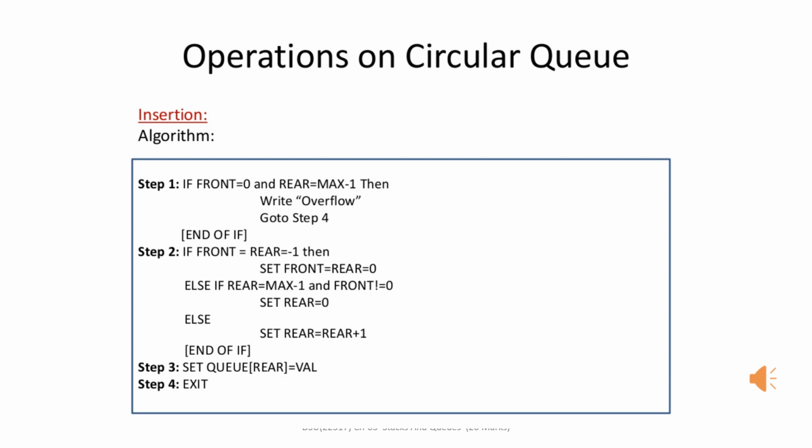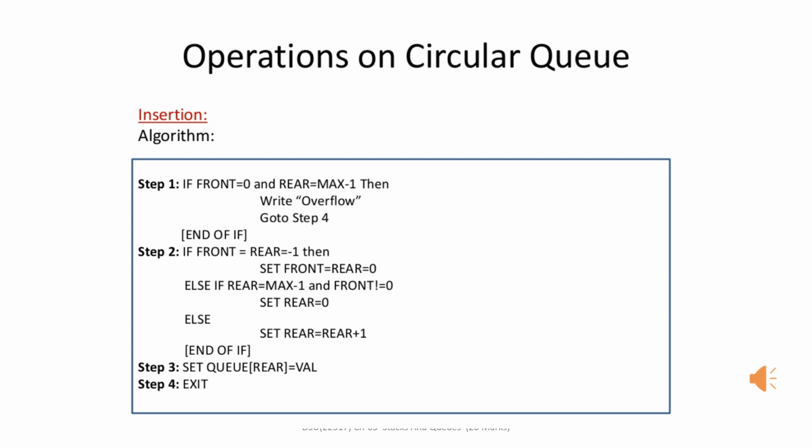Step 2, if front is equal to minus 1 and rear is equal to minus 1, set front is equal to rear is equal to 0, else set rear is equal to rear plus 1, end of if. Then step 3, set q of rear is equal to num, then exit.